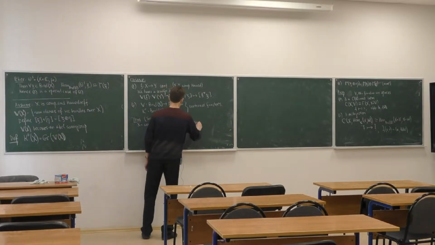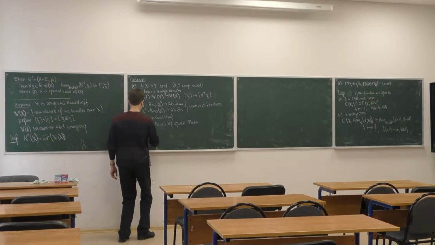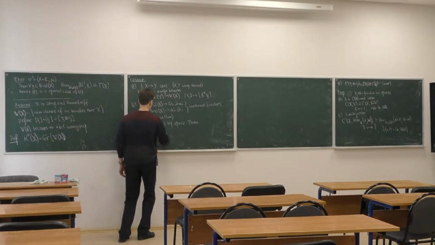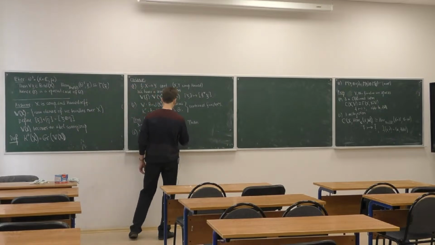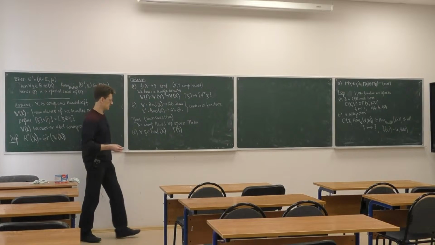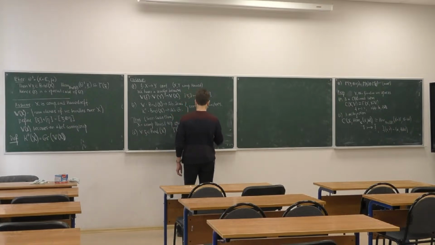Then, first of all, for every vector bundle psi over X, the respective module of sections, gamma of psi, is a finitely generated projective C of X module.